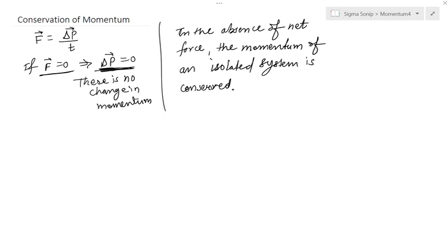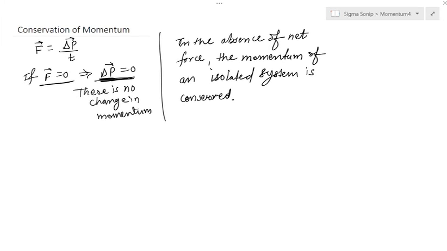All we are saying is that the momentum does not change, or in other words, P final is the same as P initial, which means that momentum is not changing.